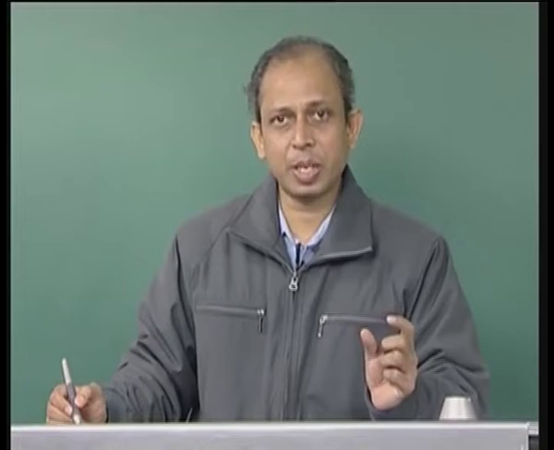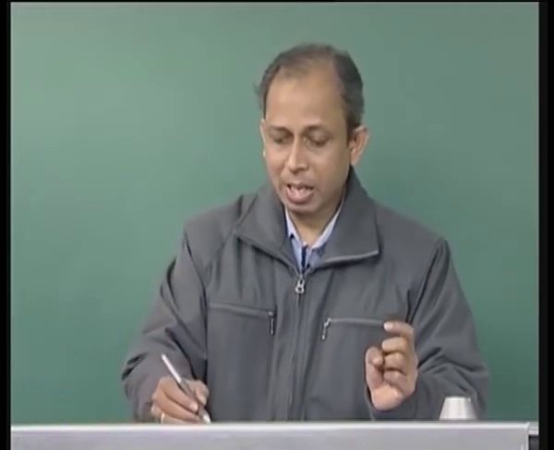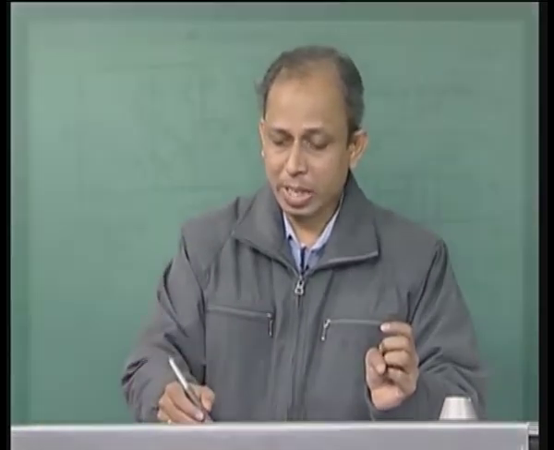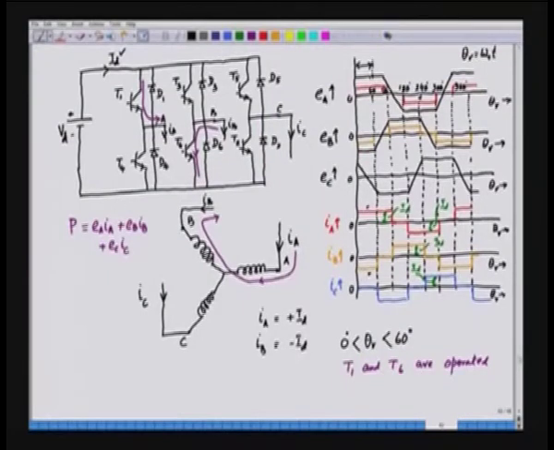For the first 60 degrees IA is positive, and EA is also positive. Let us assume that this EA value is capital E. The peak value is capital E here. Similarly, this is minus capital E, this is plus E, and this is symmetrical for all three phases.